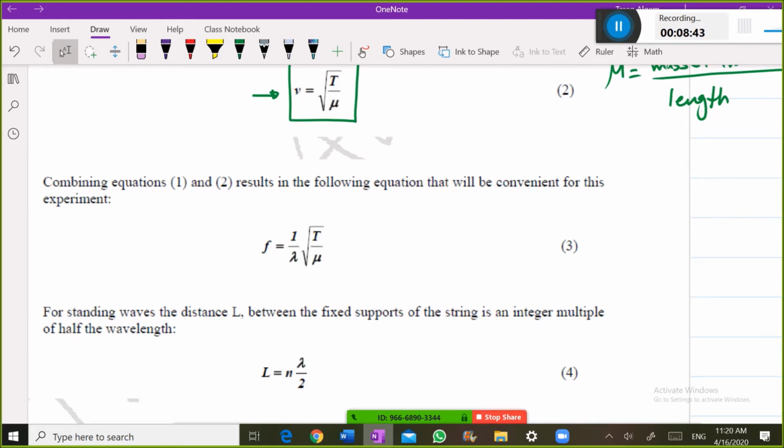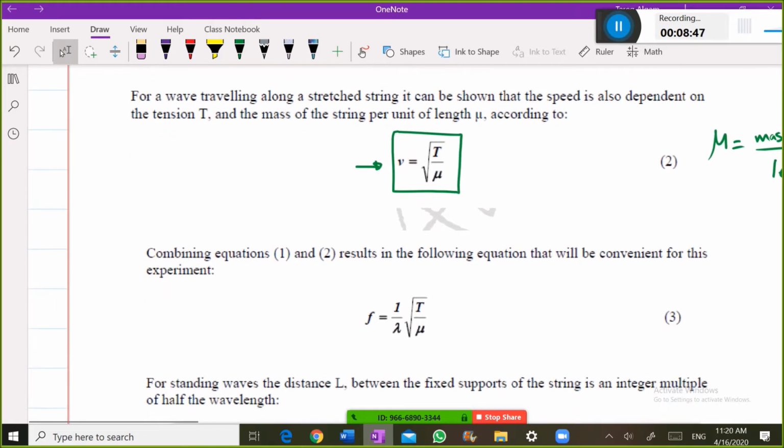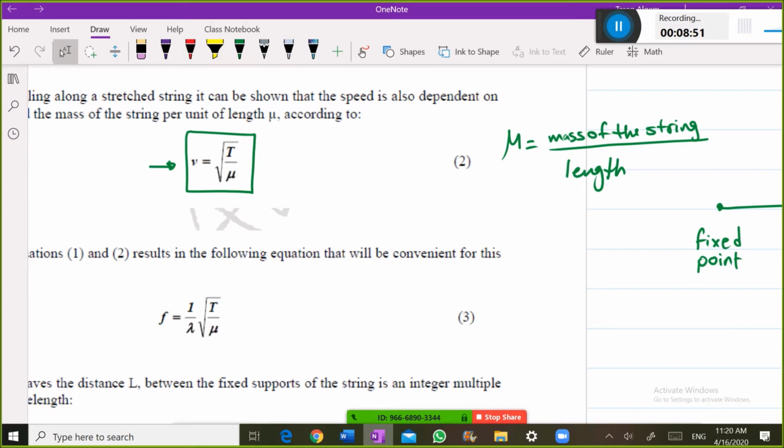So if I substitute here, you know the frequency is velocity over lambda. If you substitute instead of velocity this value, I will get this.